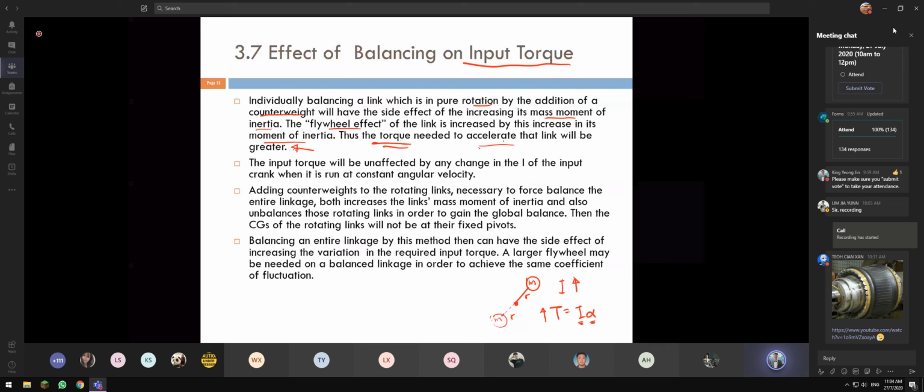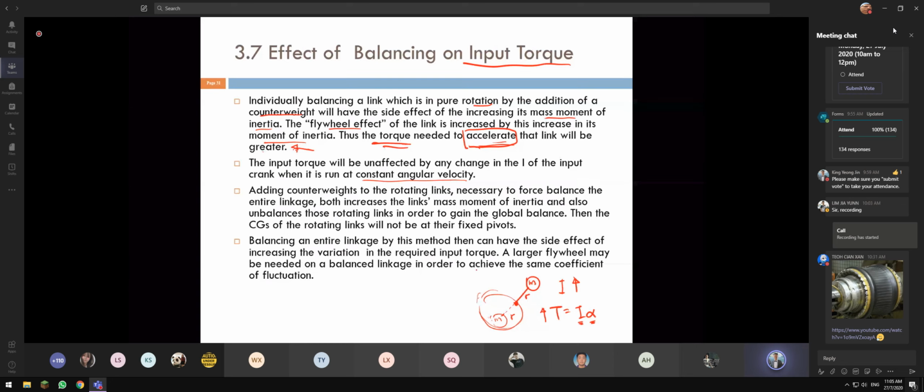This is acceleration, accelerate the linkage. So if we put this in, the input torque will be unaffected by any change in the I of the input crank when it's run at a constant angular velocity. What it means is that even when we increase this, it will only affect how we accelerate the linkage.